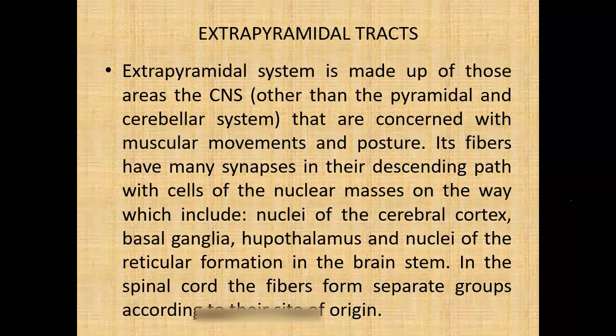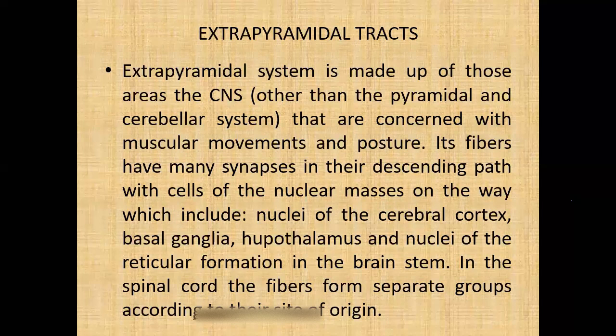And these are largely responsible for our muscular movements and our posture. Now, it is written that its fibers have many synapses in their descending path, with cells of the nuclear masses on the way, which include. Now, this is showing that in the pyramidal tract, we saw only two neurons.